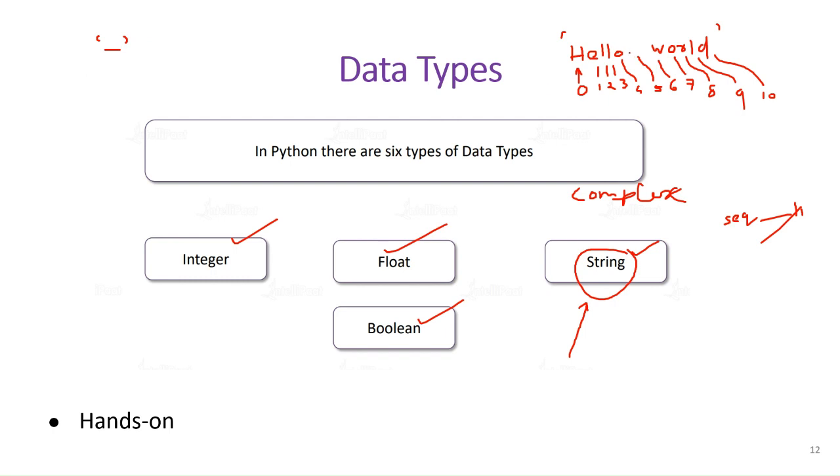Here we have a space, and the index of that space is 5. Each character is assigned an index value. Indexing starts from 0. So H is 0, then the next letter 1, then the next letter 2, and so it goes on. Any doubt in this?